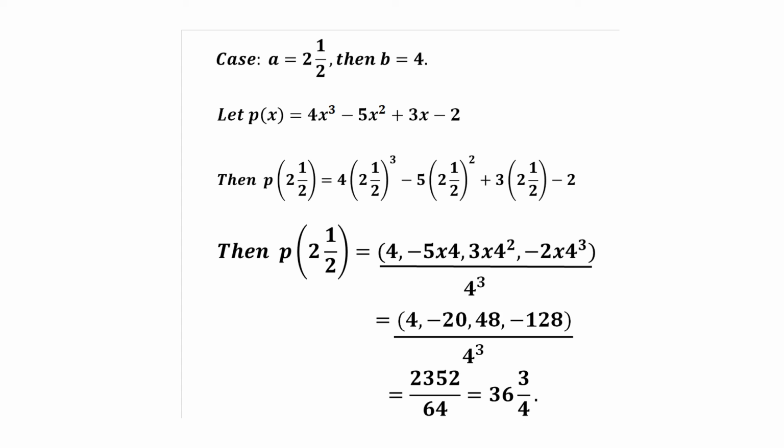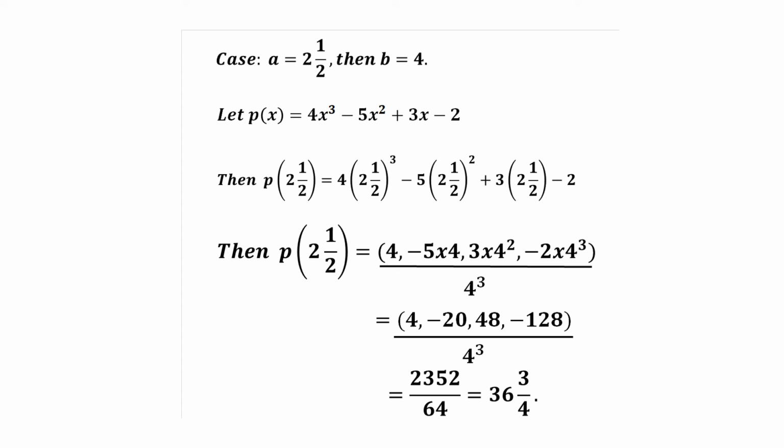P of 2.5 is equal to 4, that's from the 4 times x cubed, minus 5 times the 4 times the 2.5, that's where that 4 comes, comma, 3 times 4 squared, then minus 2 times 4 cubed, so the exponents went 1, 2, 3, and you're dividing by 4 cubed.